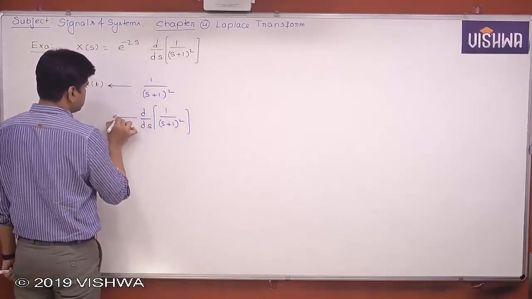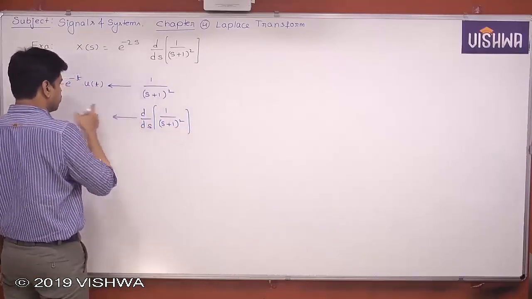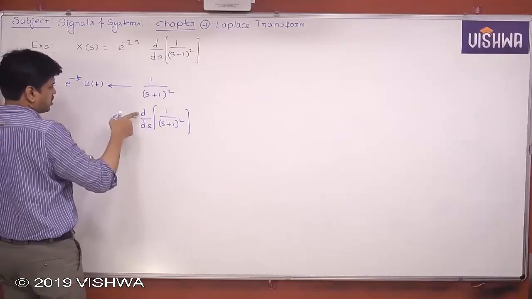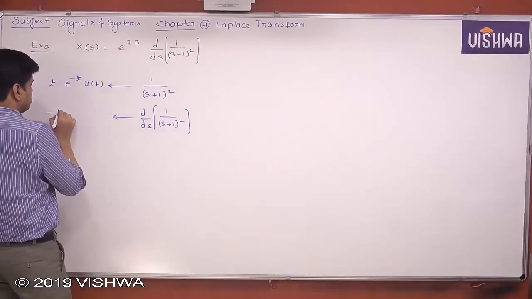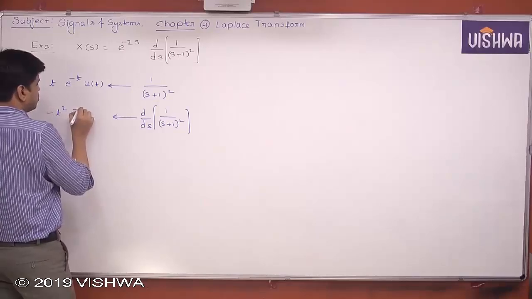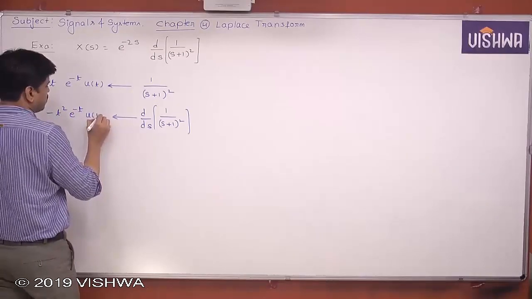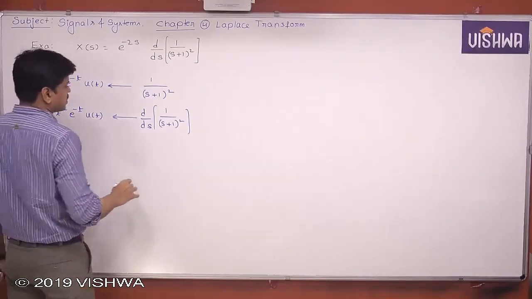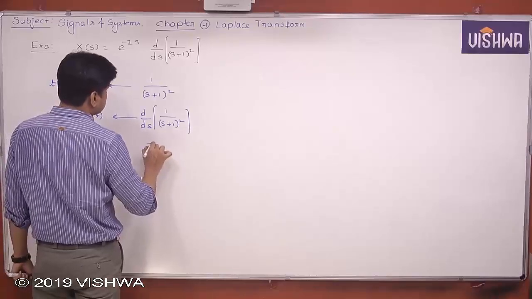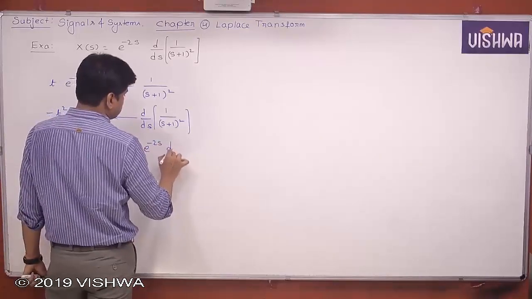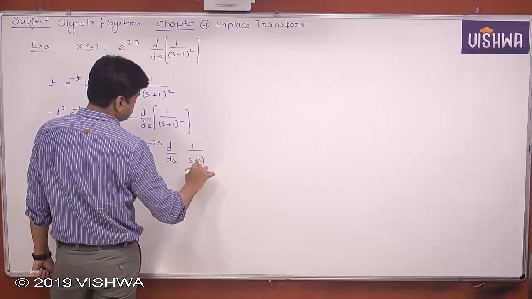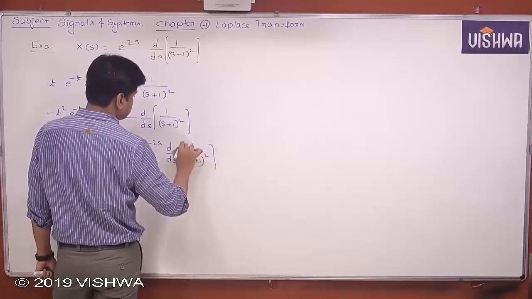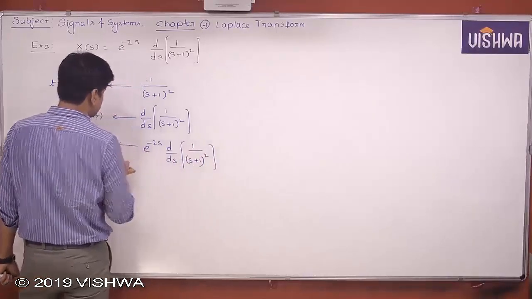So here, if it is minus there, we have to multiply with t. But if it is not minus there, we have to multiply with minus t. So this is going to be minus t square e power minus t u of t. Next, if it is multiplied with e power minus 2s, exponential multiplication in the s domain, then it gives time shifting.